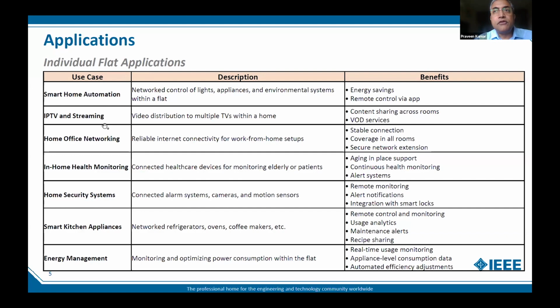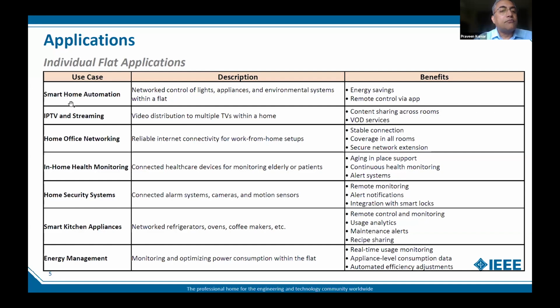With wireless, sometimes blind spots can be created, or the signal will be very weak. PLC can be a substitute for that.